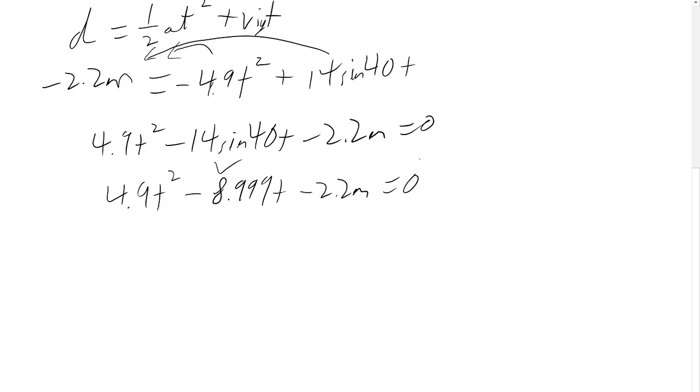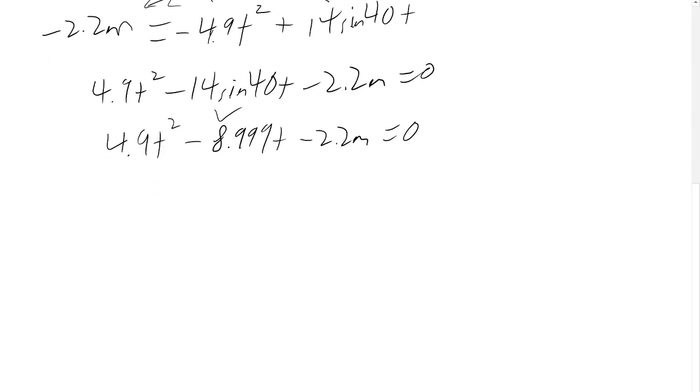So now we use the quadratic formula, negative b plus or minus square root of b squared minus 4ac divided by 2a.